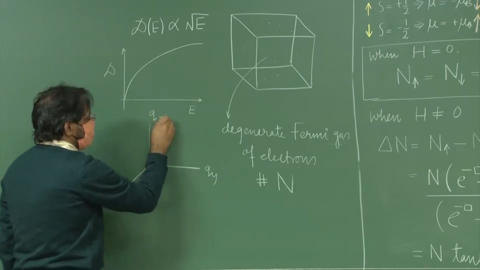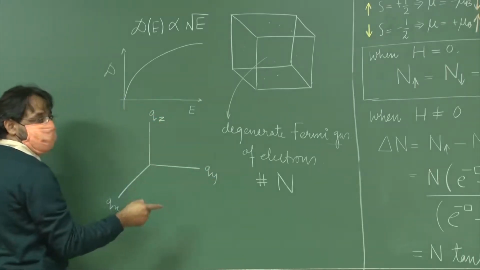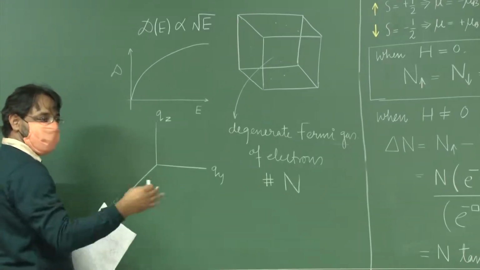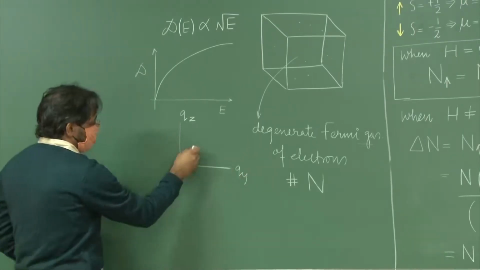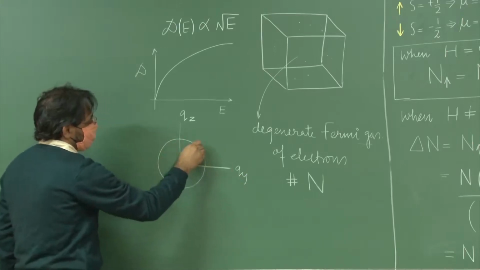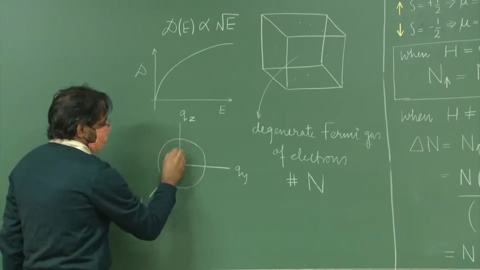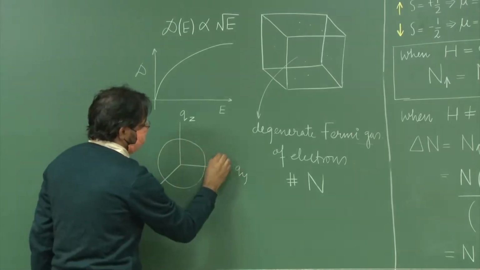These are quantized using the periodic boundary condition, and at 0 temperature you get a Fermi sphere. All the states inside are filled, states outside are empty. There are states all over, but the states inside are filled. This is your Fermi sphere.